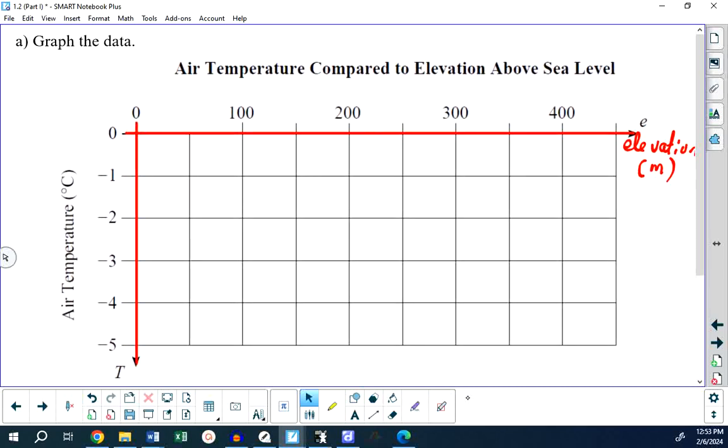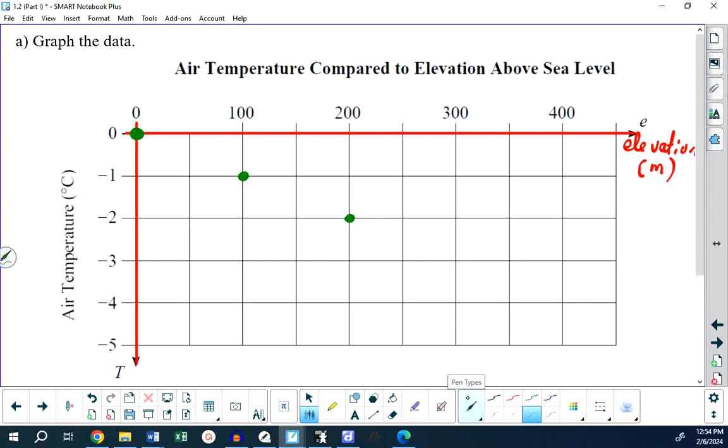So, what is the temperature at 0? 0. At 100, minus 1. At 200, minus 2. I think many of you are starting to get a real understanding of why it's linear.